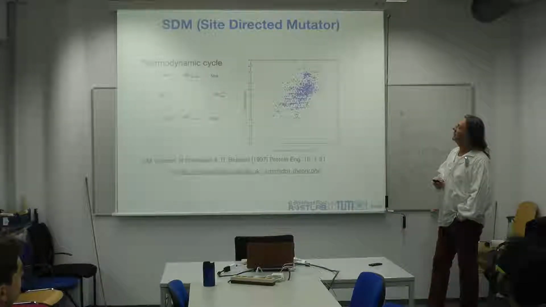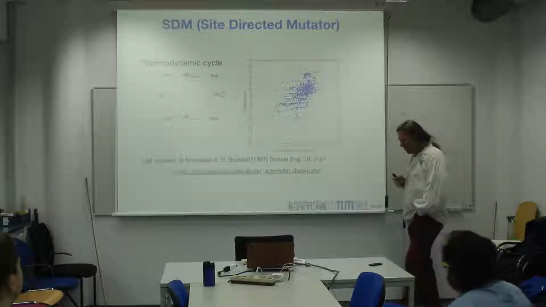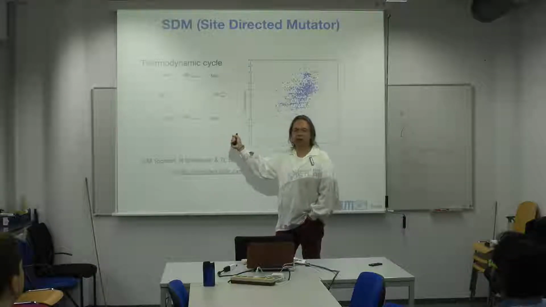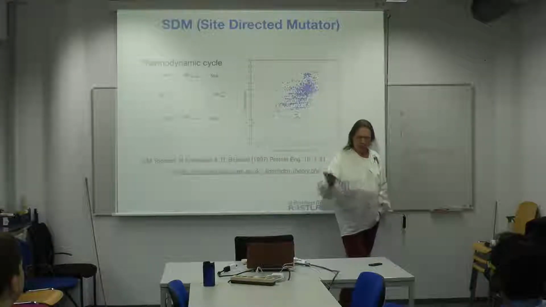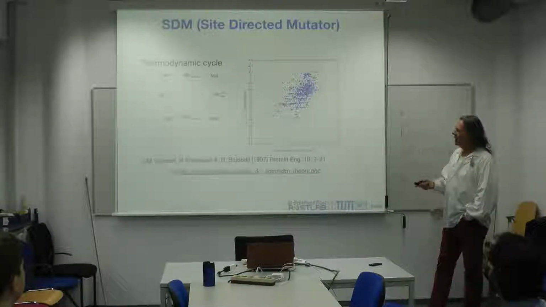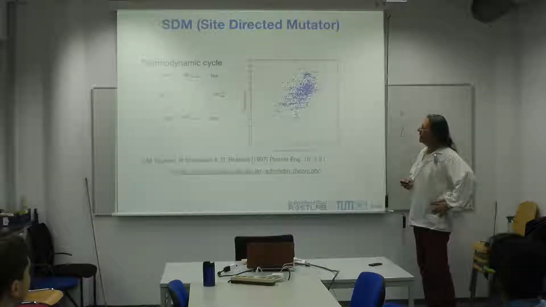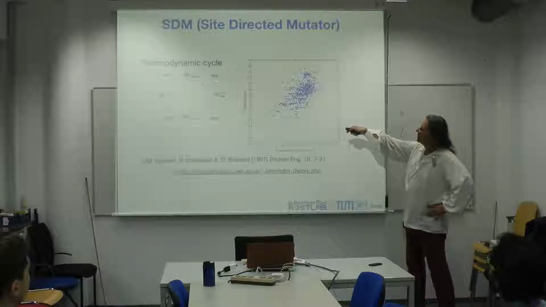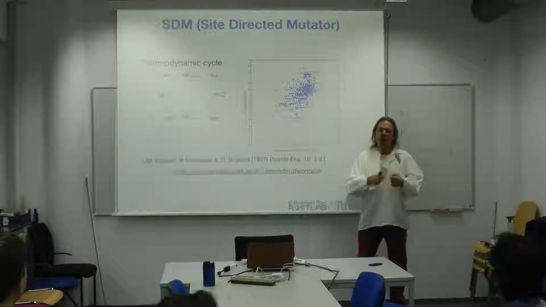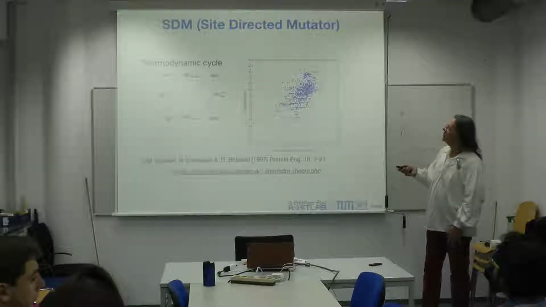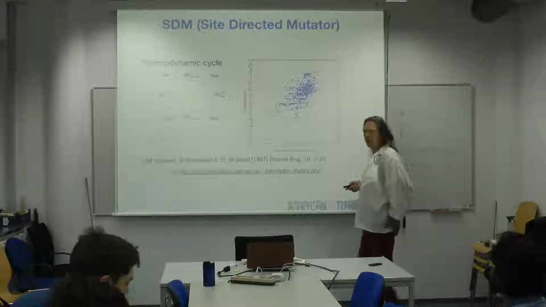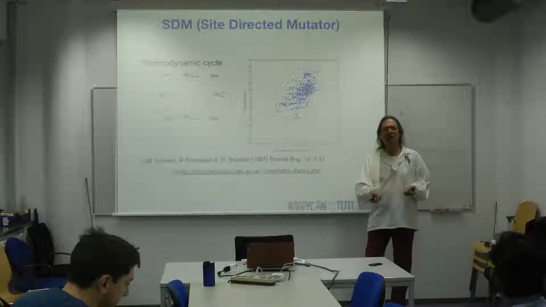So here is a method, and I'm rushing through them in a way that means you will not be asked to remember any of these. I'm just going through them to give you some ideas of how they do it. So here's an idea that comes from the Blundell lab. The idea is that when you go through the thermodynamic cycle of binding, you change your state, and this change in state is induced here by mutants, and for these mutants you essentially see how much the energy changes.